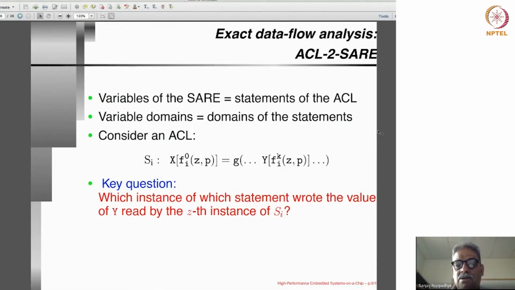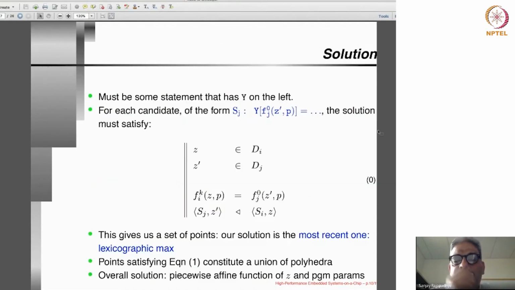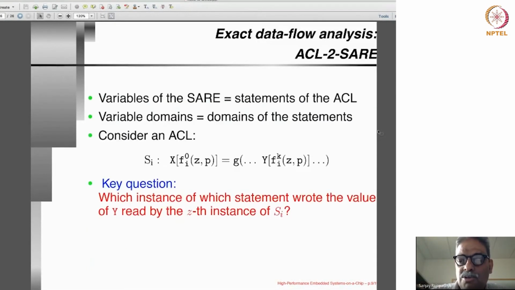Here is the mathematical way of representing this. The answer to this question, which instance or which statement wrote the value of Y being read by the zth instance? And look, I'm doing this analysis for every reference on the right-hand side.